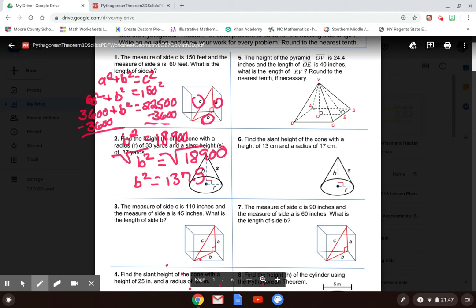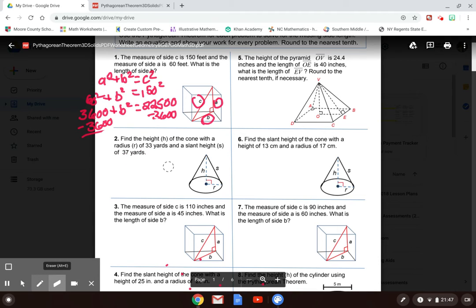Now if I move on to number 2, I'm going to erase what I did here. This is part of why I want to go over it with you, to clarify some terminology. It says here to find the height of the cone with a radius of 33 and a slant height of 37. So right over here, S is your slant height.